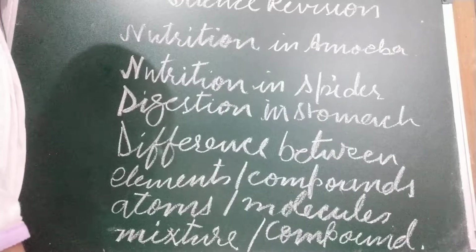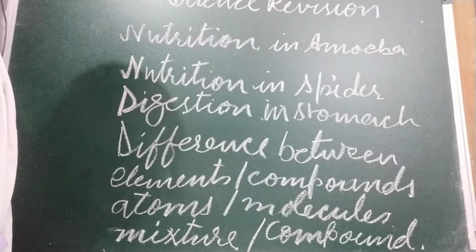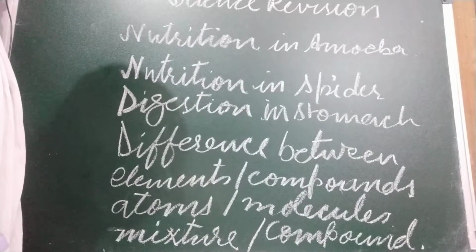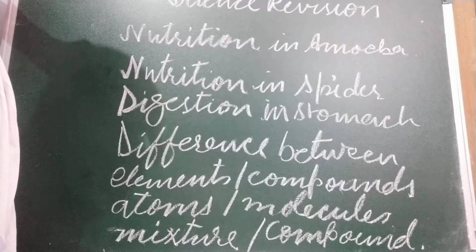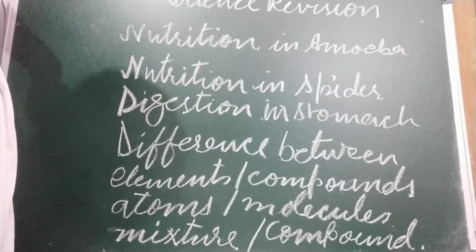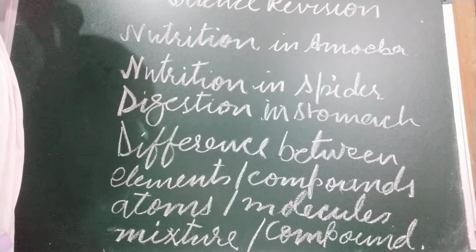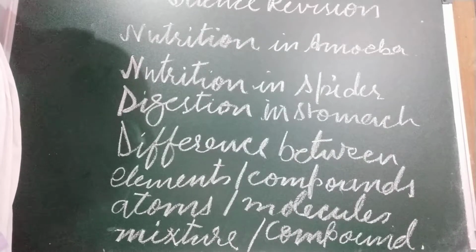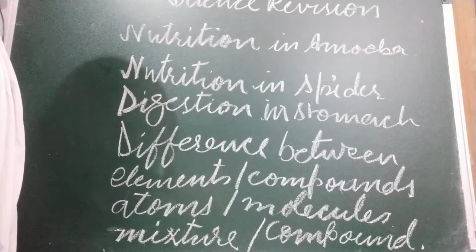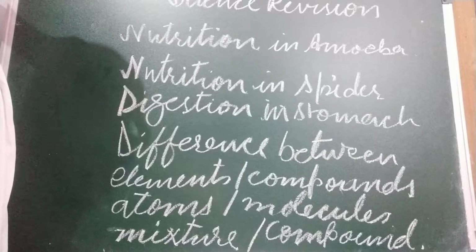And what are compounds? A substance formed by the chemical combination of two or more elements in fixed proportion is called a compound. Examples of elements are hydrogen, oxygen, nitrogen, etc. Compounds are like water, H2O, and carbon dioxide, CO2.